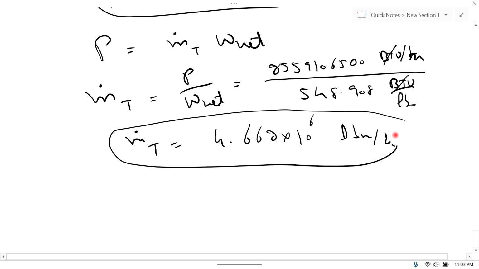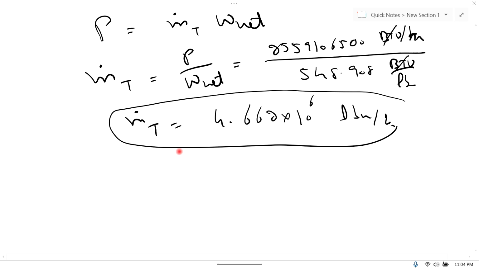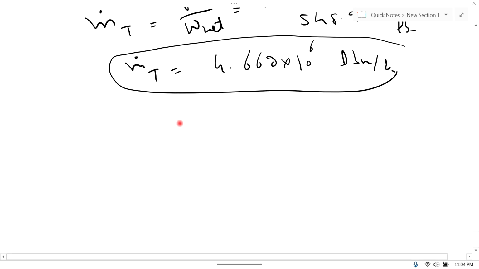Now we are solving part B. In part B, the mass flow rate of the condenser is needed. For the mass flow rate of the condenser, there are three sections.